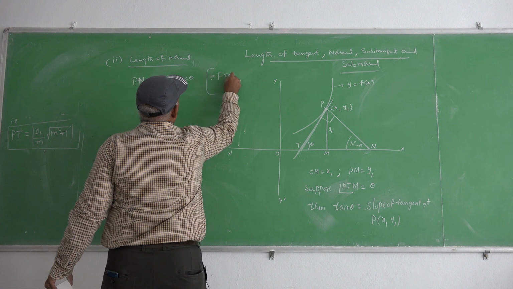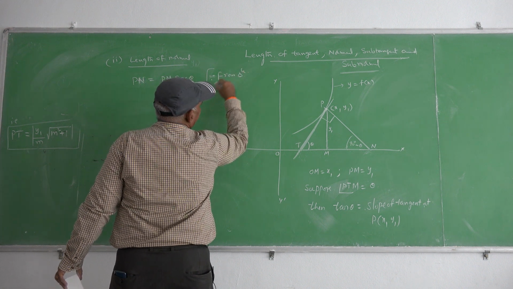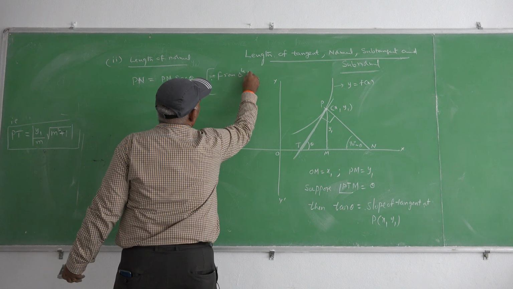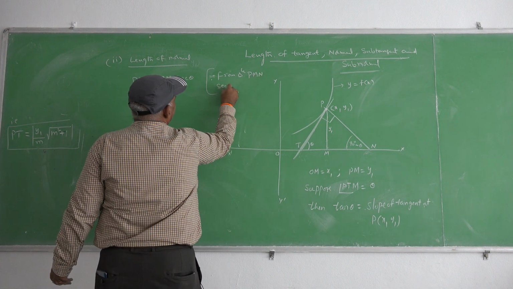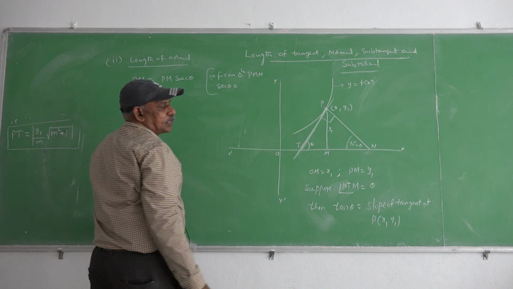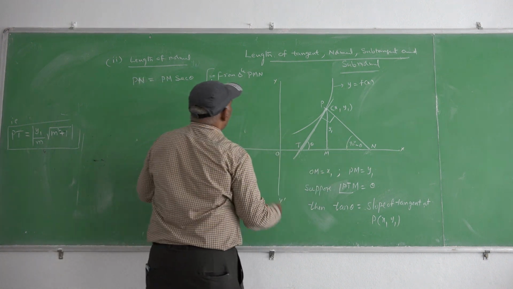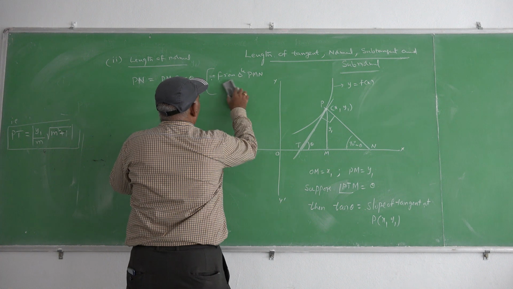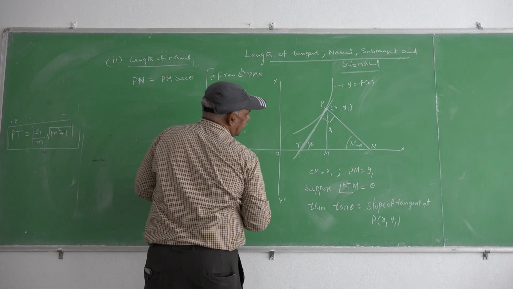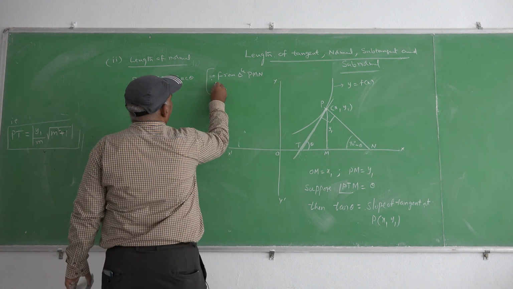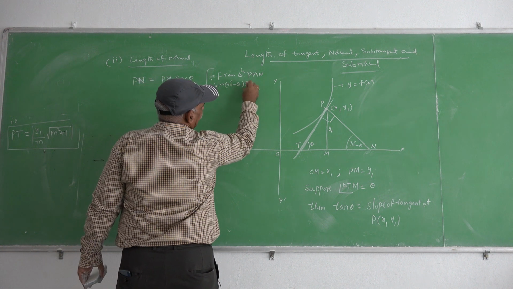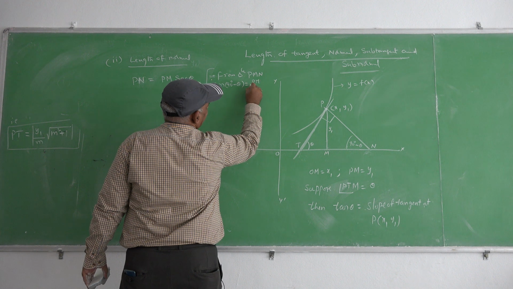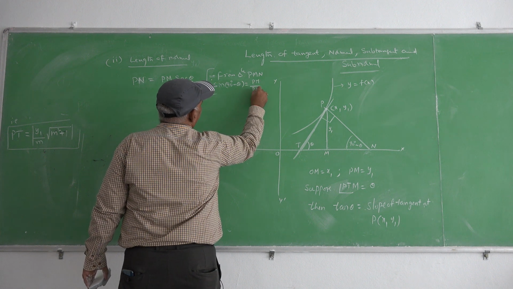from the triangle PMN, taking sine of 90 minus theta, we get PM by PN.